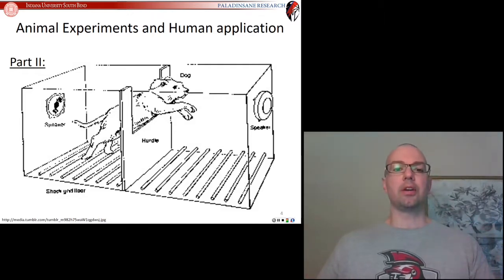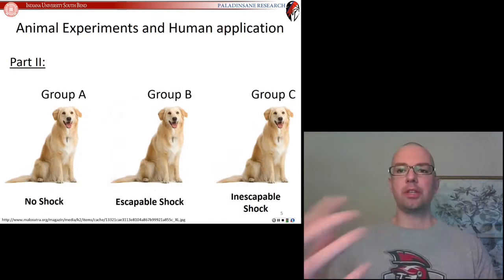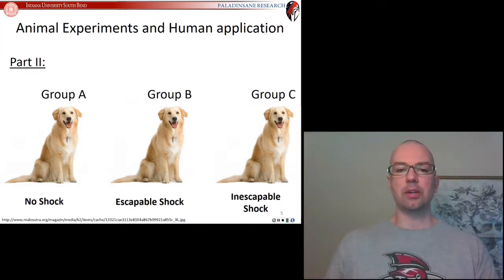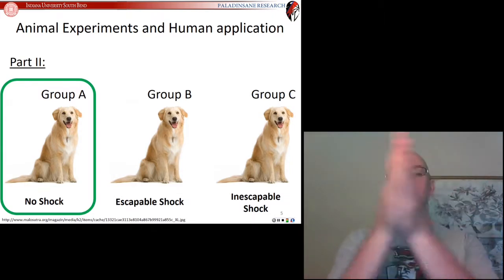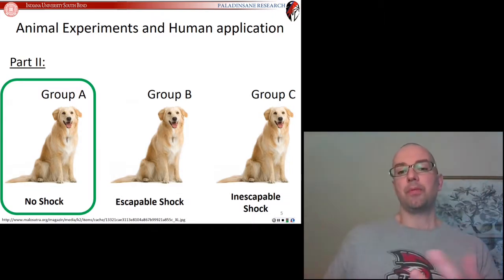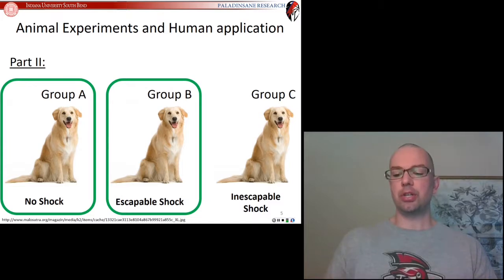So how did they learn in part two based on their experience in part one? Well, this was the interesting result that Seligman found. Group A was able to learn the escape and avoidance response, so they were able to learn to jump over to the other side to avoid the shock. Group B was also able to learn to jump over to the other side to avoid the shock.